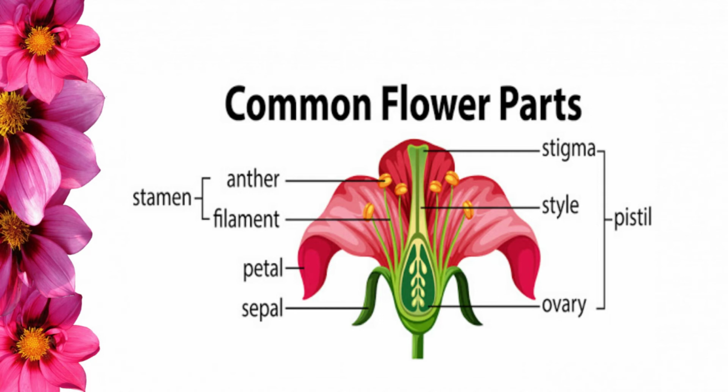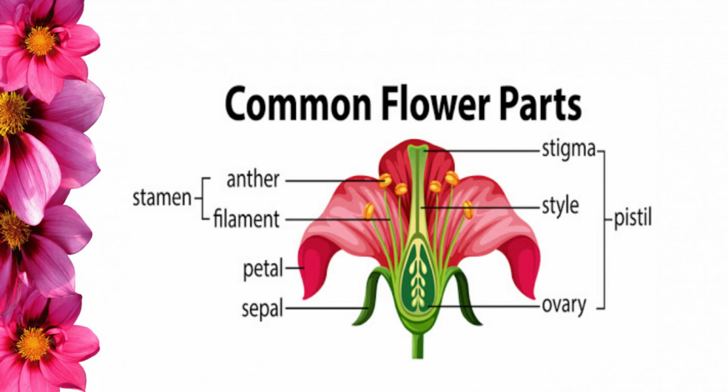Next one is stamen. Stamen consists of two parts, anther and filament. This is collectively known as androecium. This is the male reproductive part of a flower. In a flower we need male and female parts for reproduction.